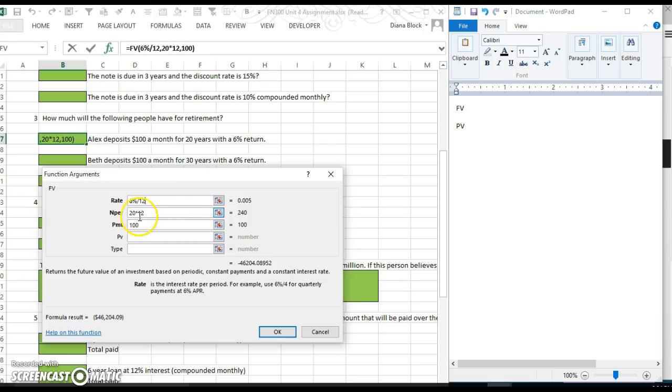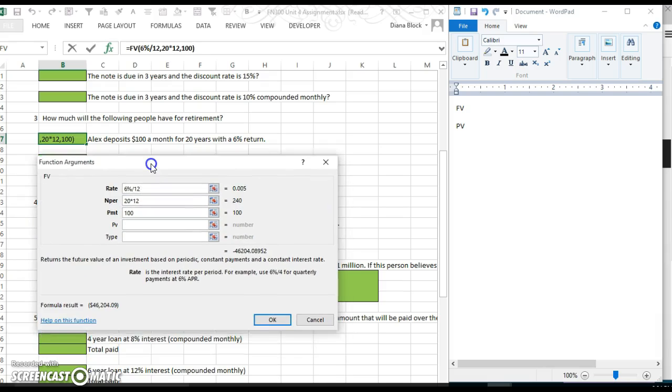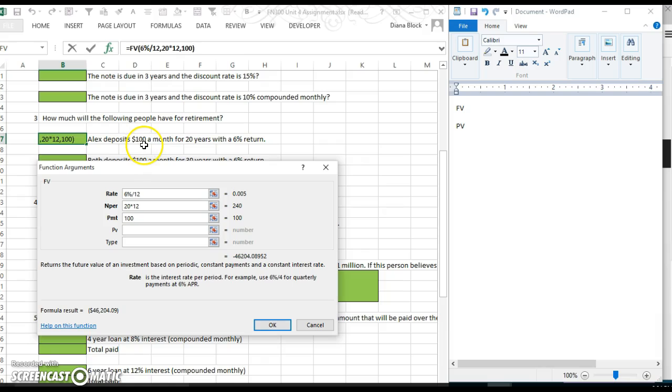So let's take a look at the problem. The problem says we're going to deposit $100 a month for 20 years with a 6% return. That 6% is annual. So what I've done here is I've put 6% divided by 12 in the future value, because that's going to give me my monthly compounding.